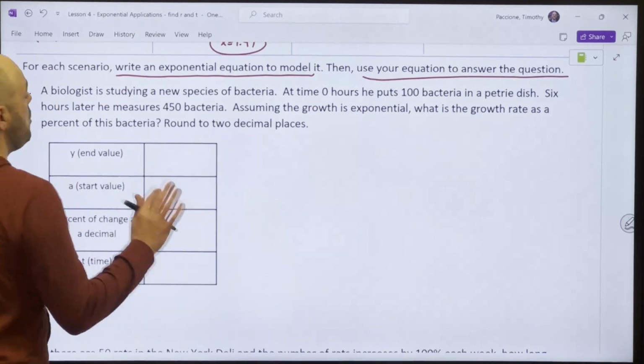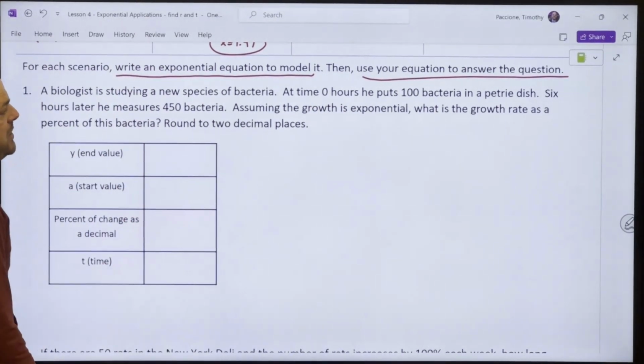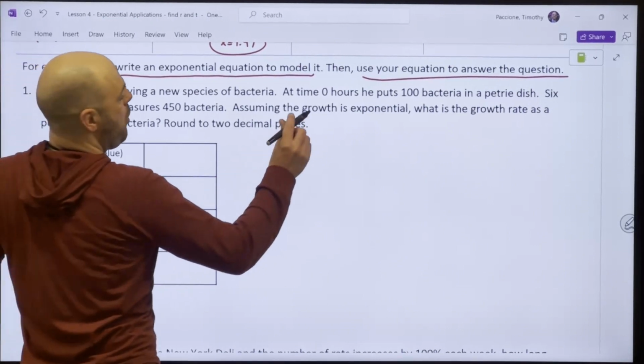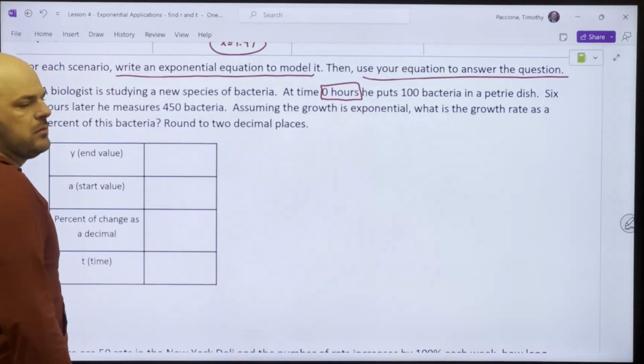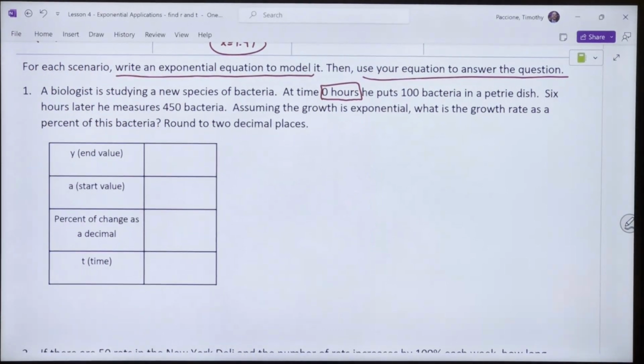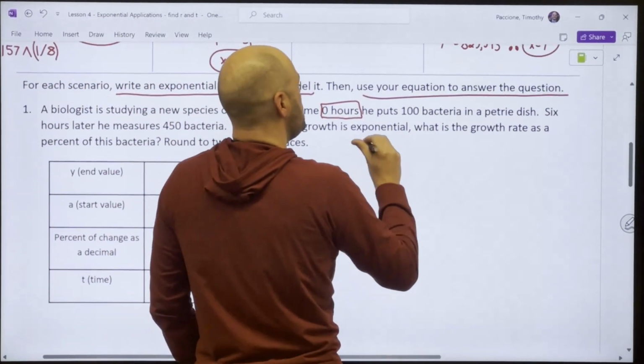Okay. So a biologist, once again, we have bacteria. Studying this bacteria at time 0 hours. 0. That's just 1. What does that mean? It's just 1. It's our start. Like if 0 hours have gone by, it is the beginning. So if you see that, that means start.